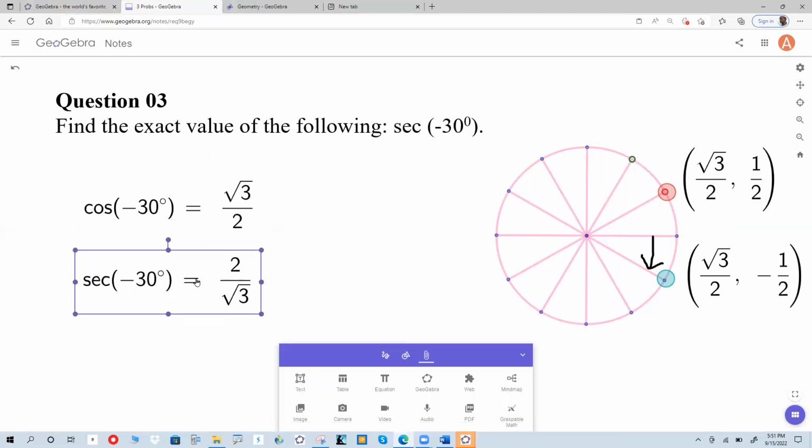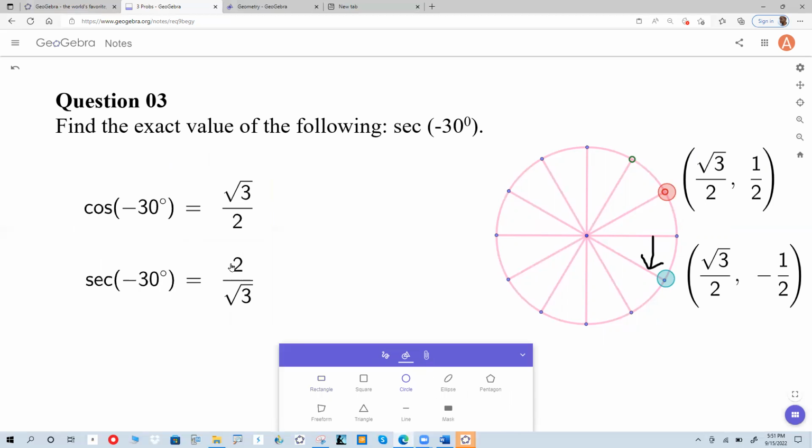No minus. That's your answer. 2 divided by square root of 3. This is your answer. And whenever you see secant, cosecant, you have to know cosine and sine. That takes care of number 3.